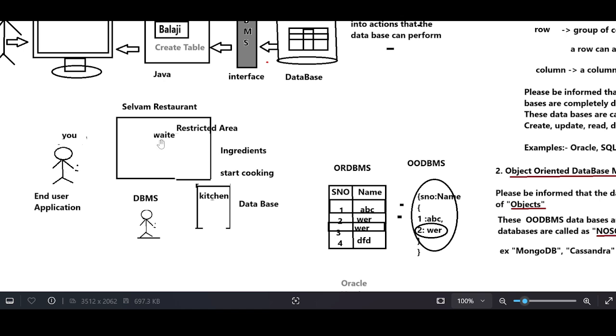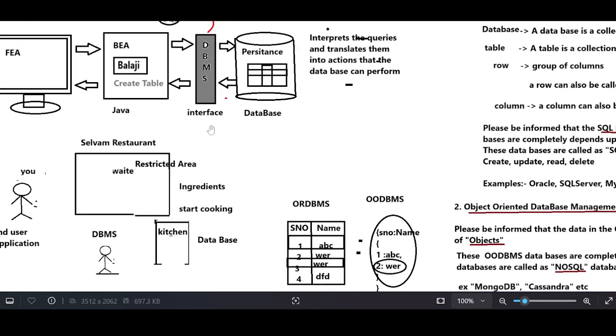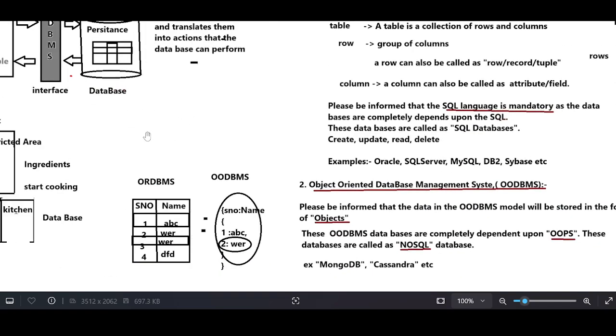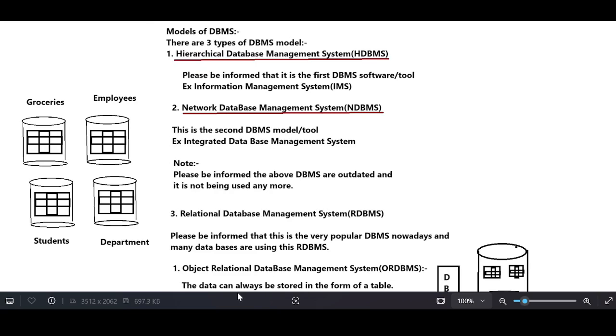You place orders with the waiter. The waiter takes your order, goes to the kitchen, and ensures that your order is delivered as per your requirement. Here, the kitchen is the database. This is the best example to understand what the DBMS is and why it is called an interface.